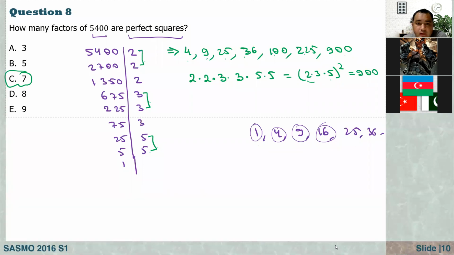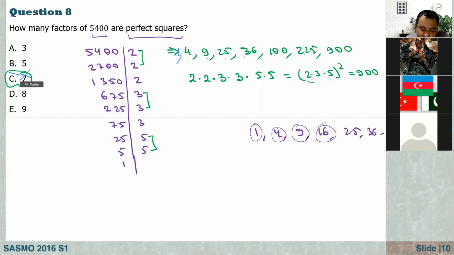All right. Ilknur, no answer. Raul, Ibrahim, no answer. As you see here, we just missed one thing because we know that every number has trivial factors. That is one and itself, right? Here we did not include one. One is also a factor of this number. Actually, we should start here with one. At that time, how many here? We have 1, 4, 9, 25, 36, 100, 225, and 900. The answer is not 7. The answer is 8. So it has 8 factors that are perfect squares.